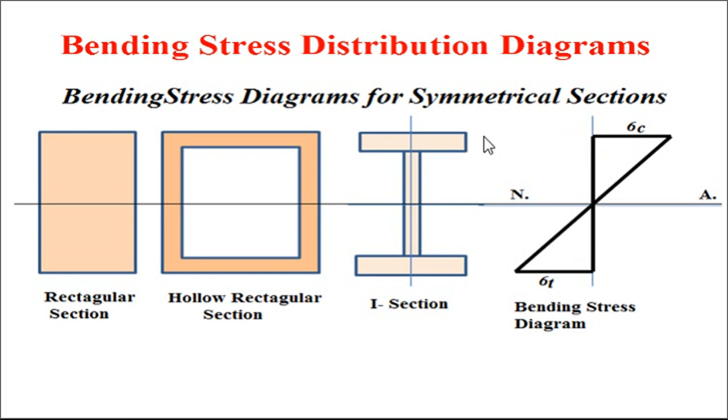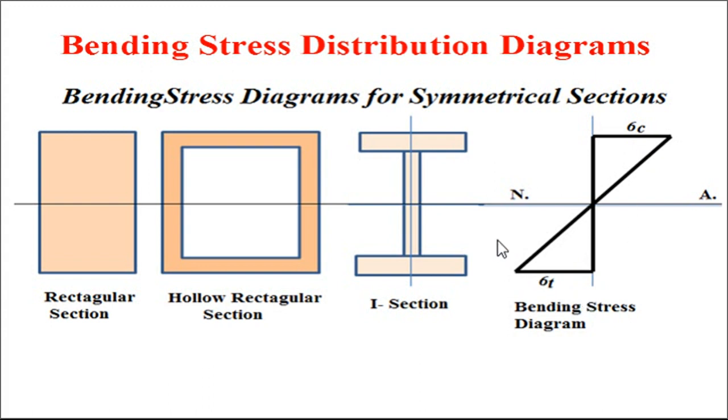If the beam is simply supported, it will bend like this, and whenever it bends like this, there will be compression in the upper zone and tension in the lower zone. Here you can see sigma C is the compressive bending stress and sigma T is the tensile bending stress, where sigma represents bending stress and the subscripts C and T stand for compression and tension respectively.